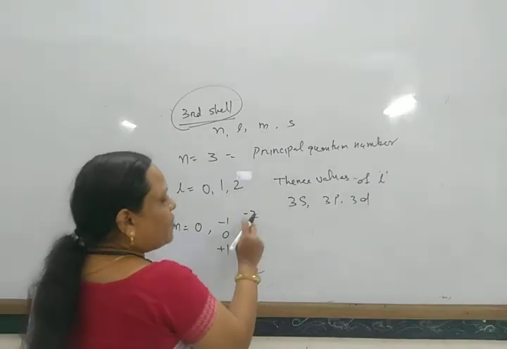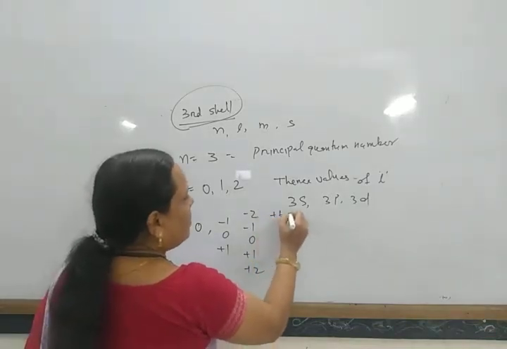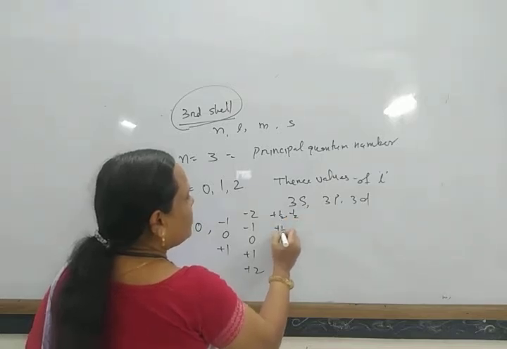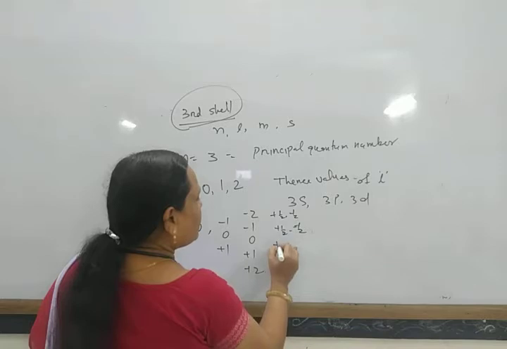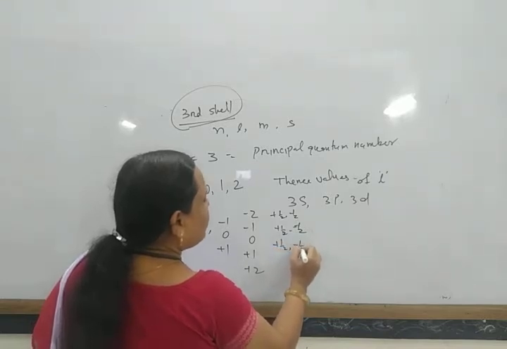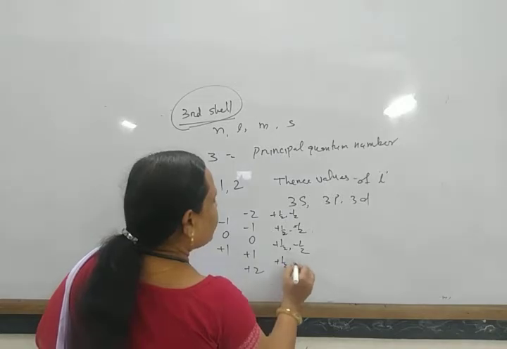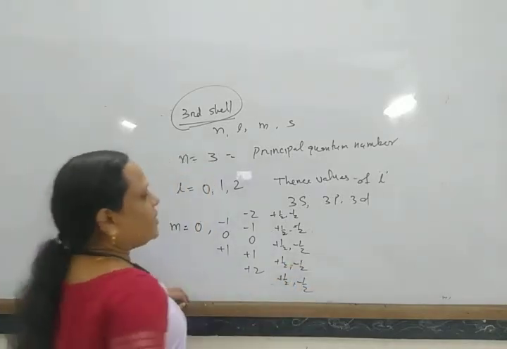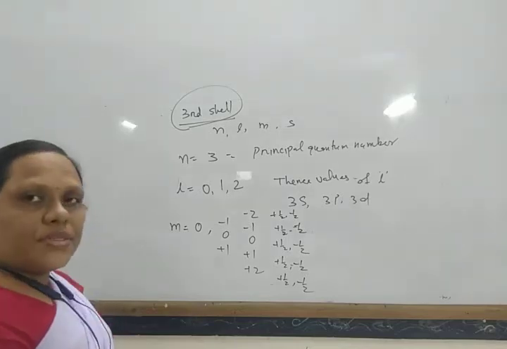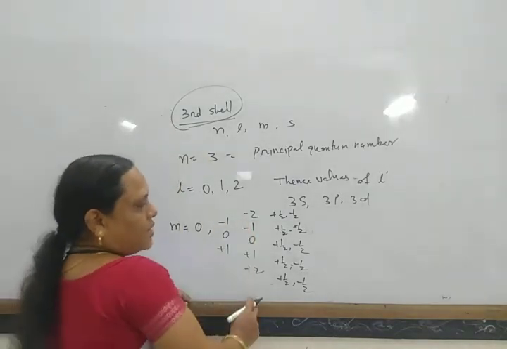Next, each of these orbitals contains 2 electrons, with spins plus half and minus half. In this way, if we consider how many electrons are present in total, one orbital can accommodate 2.